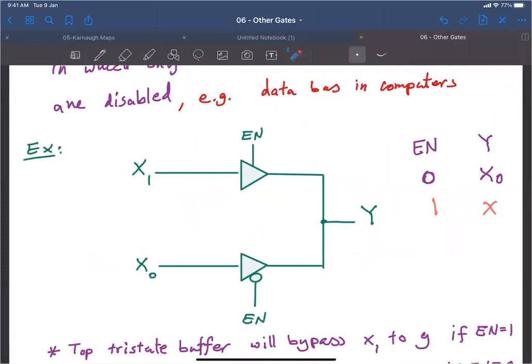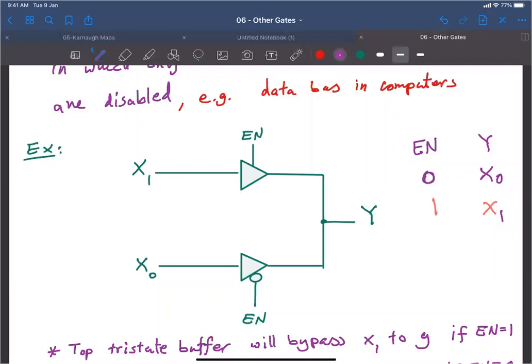To control them, you use a control signal called enable. If enable is 0, then we output x0 on the bus. If enable is 1, we output x1 on the bus. Why is that? And how is that possible?